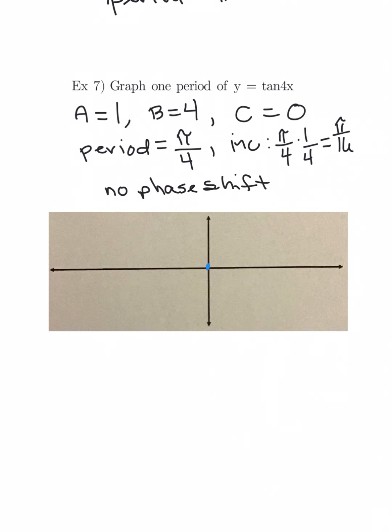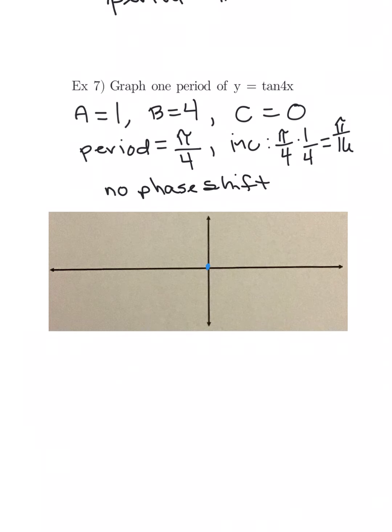So because we had no phase shift, that stays the same on this problem. Our increments from that 0, we're going to count by pi over 16s. And what's a little bit different from when you graph a sine or a cosine, from a sine or a cosine, you just start at 0 and count out 4 more places.